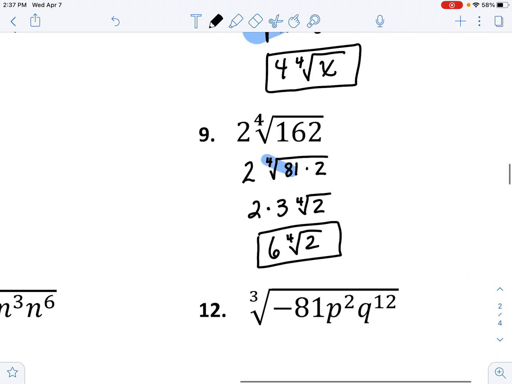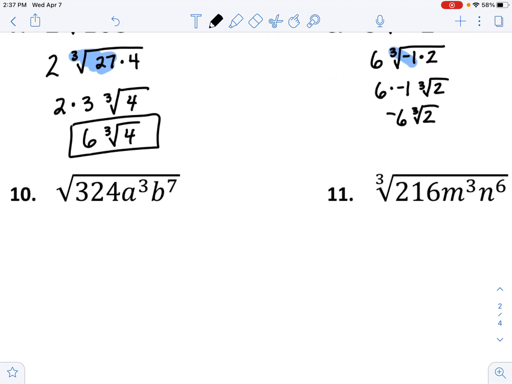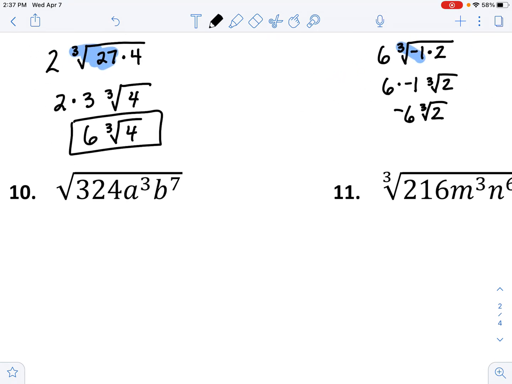All right, now the next row has variables and numbers mixed together. So I'm going to leave the numbers in radical form, but I'm going to change everything with variables into exponent form because I think that's easier to simplify that way. So if I do this, the square root of 324 is actually a perfect square.